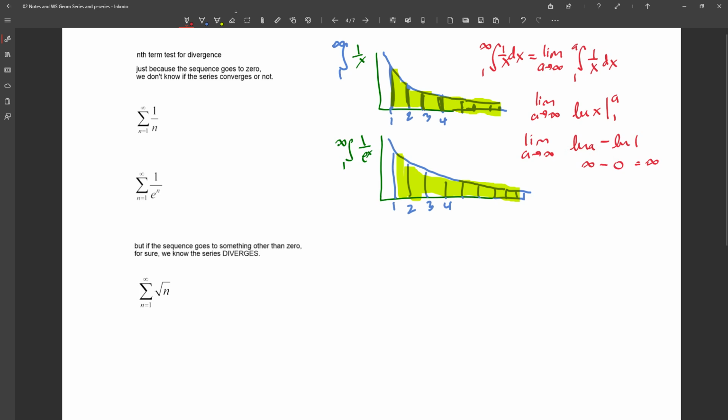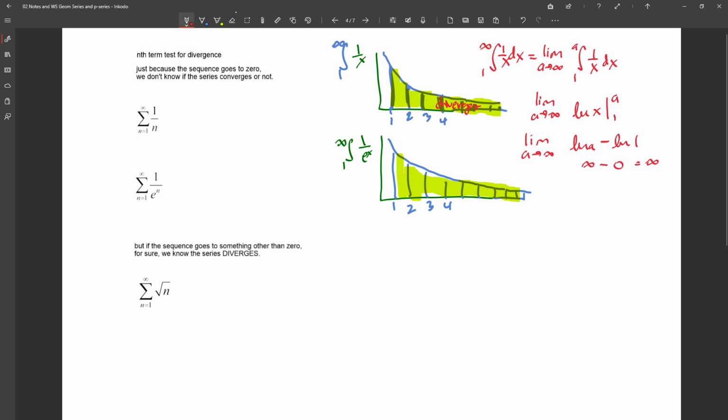So this area under the curve, what we know is that it diverges, okay? But if you notice, the limit of this sequence actually does converge to 0. It gets smaller and smaller and smaller. However, even though the sequence goes to 0, the sum underneath diverges.